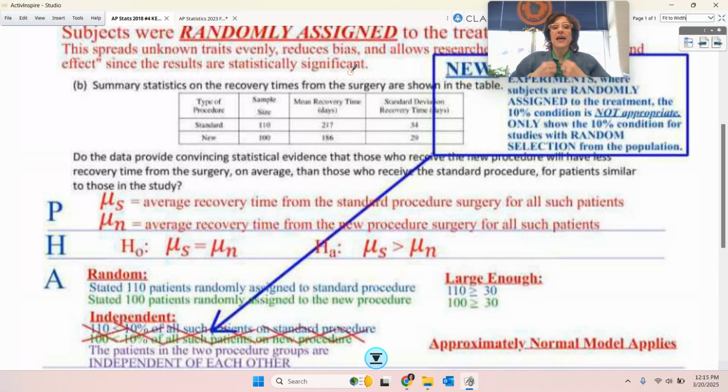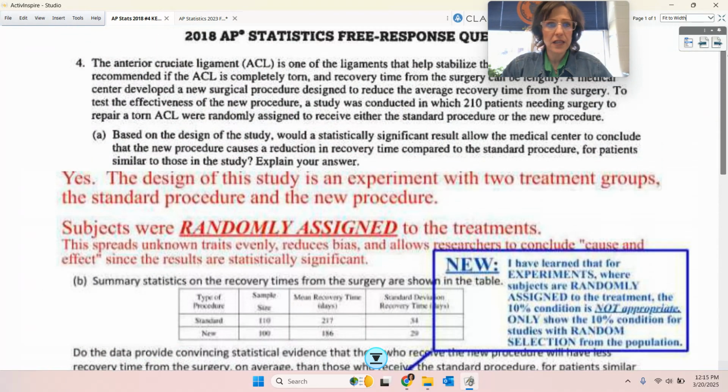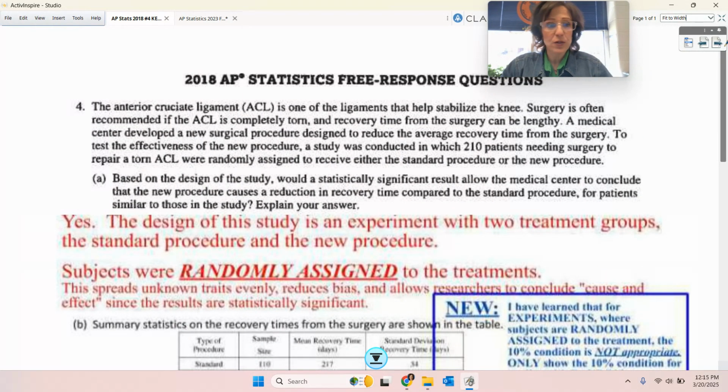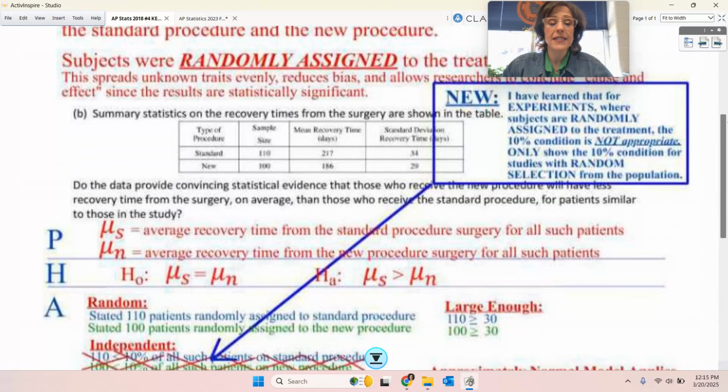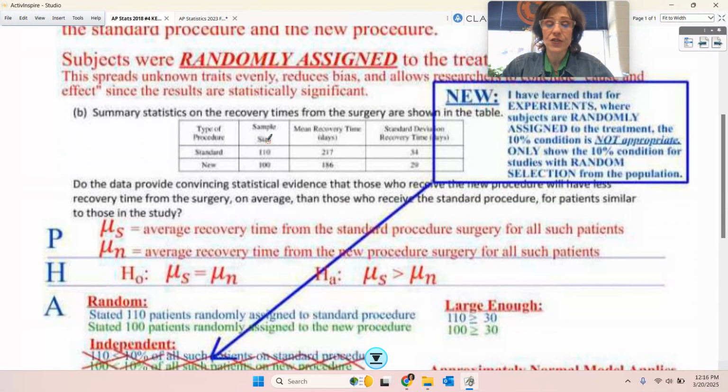So I can tell that first, did we have two separate, even different sample sizes? Oh, yeah. See, so here I even had 110 that were getting the standard and 100 who were getting the new. So I definitely do not have paired data, okay? Because they're not going to do more than one surgery. So it's clearly two separate populations.